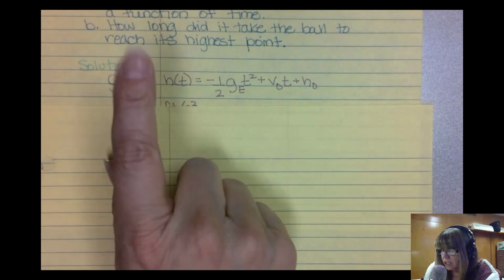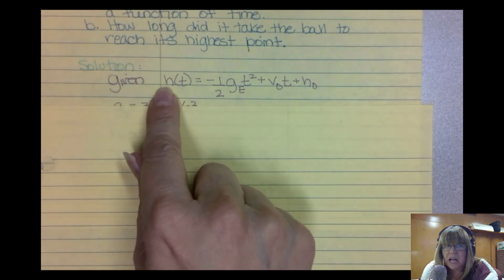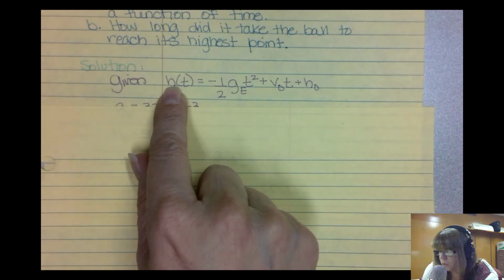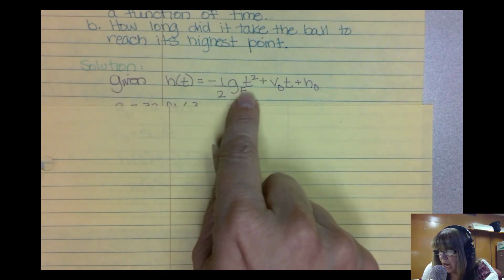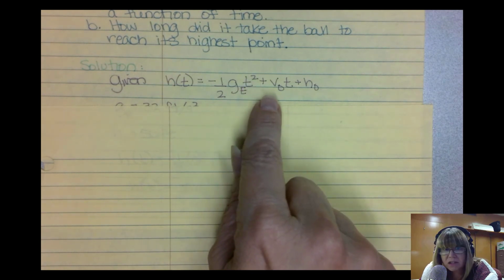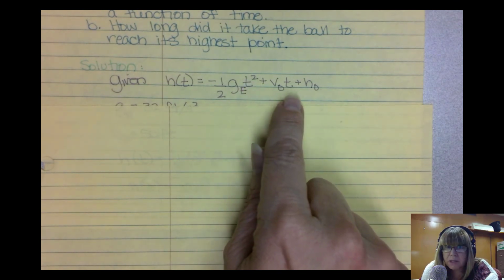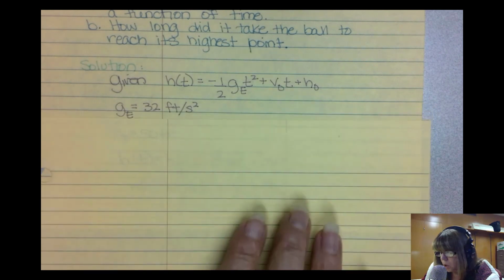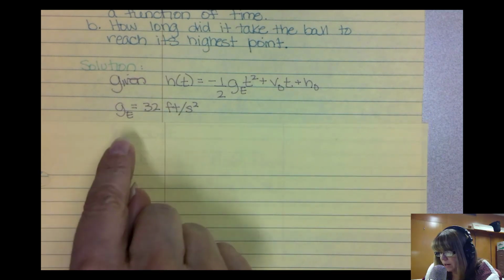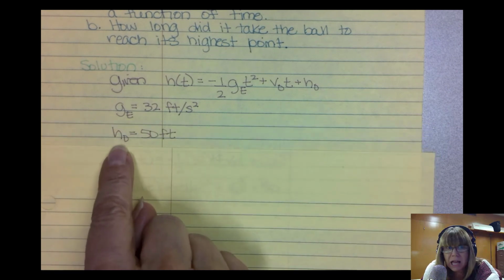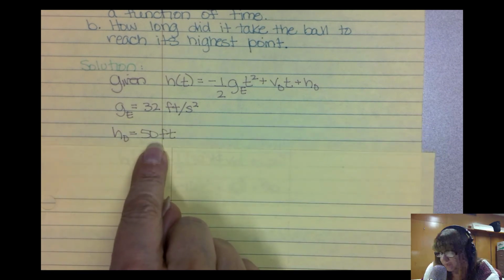All right, let's talk about this solution. We are given the initial equation of the height at any given time, which is -1/2 the gravity of Earth times the time squared, plus the initial velocity times time, plus the initial height. We know our gravity of Earth is 32 feet per second squared. We know our initial height at the cliff is 50 feet.